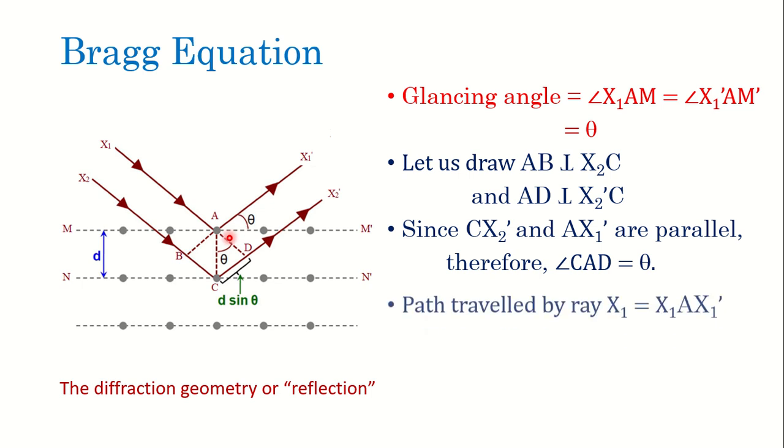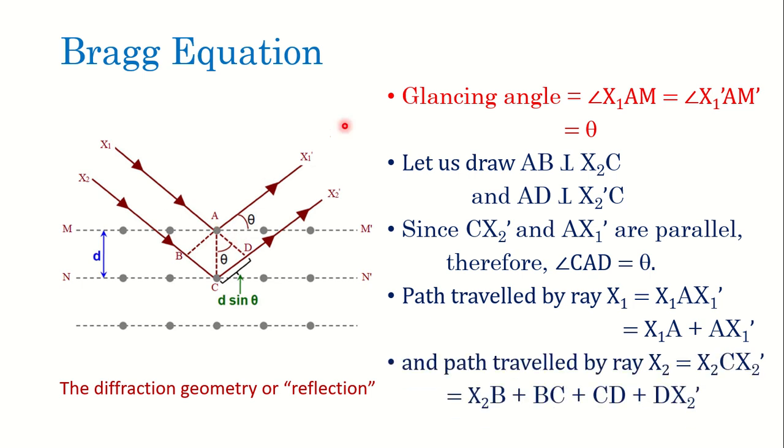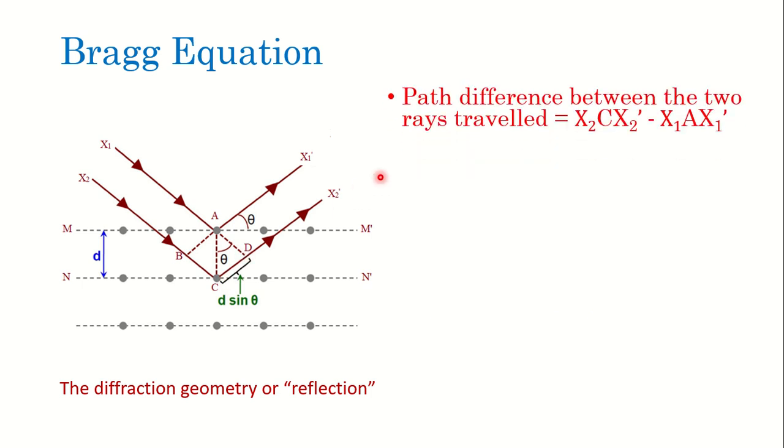The path travelled by X1 is X1A X1 prime, which is divided into two parts, X1A plus AX1 prime, and the path travelled by X2 is X2BCDX2 prime. That means X2B plus BC plus CD plus DX2 prime. What is the path difference?